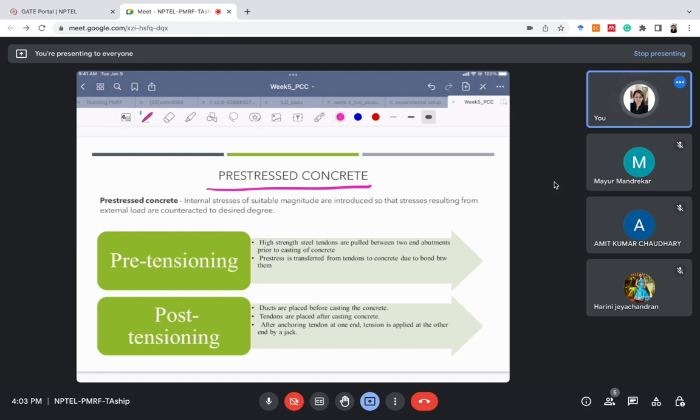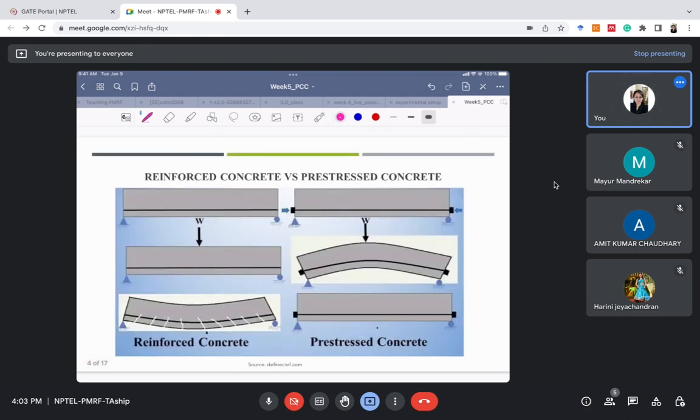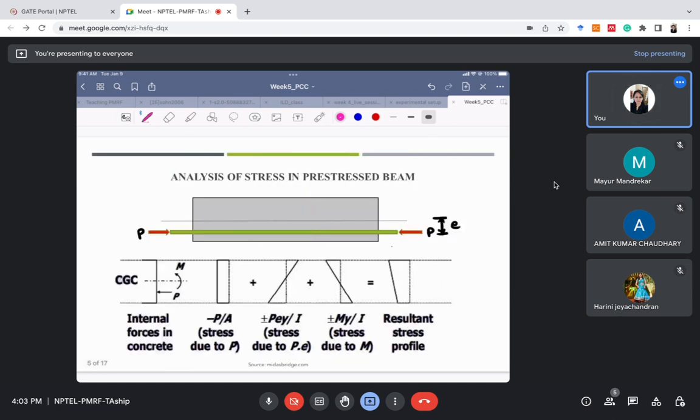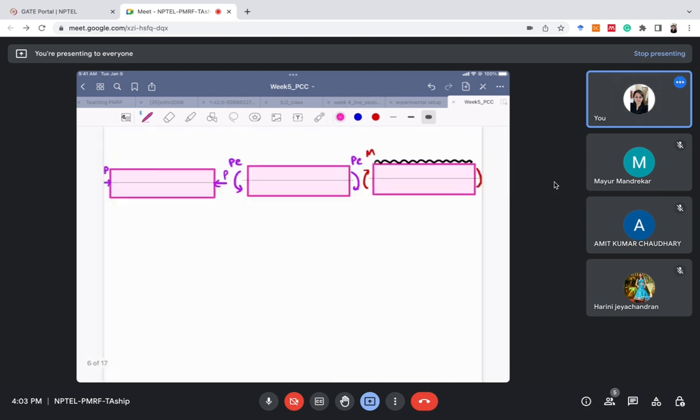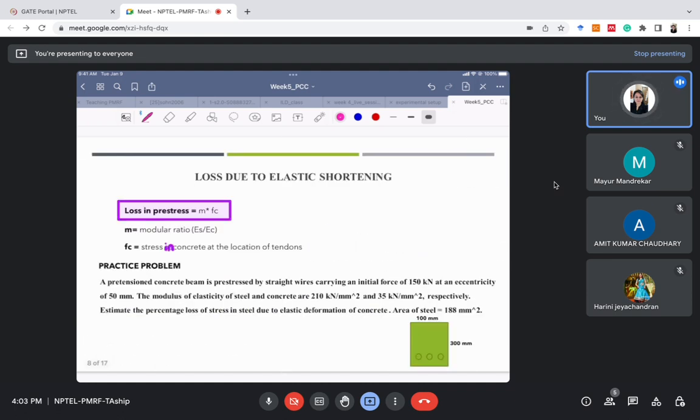Then pre-tensioning and post-tensioning, and the difference between them. Then reinforced concrete versus pre-stressed concrete: what is the basic difference between these two? Then I'll tell you how to analyze any pre-stressed concrete beam. Finally, we'll see the losses in the pre-stressed concrete beam, and then one practice problem.